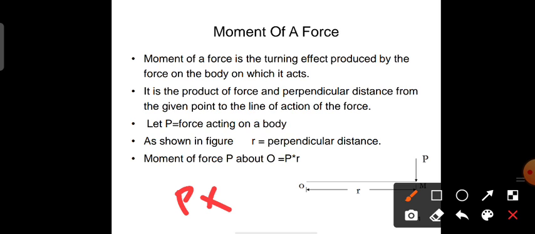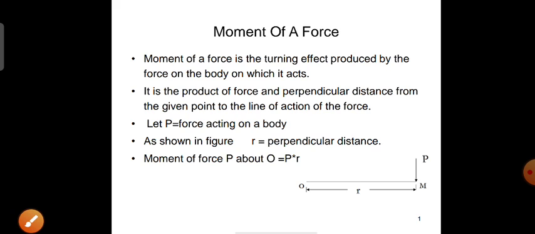Here the given point is O. From O to P the distance is R. This R is the perpendicular distance to the line of action of the force. So P into R is the moment of a force from this given figure.